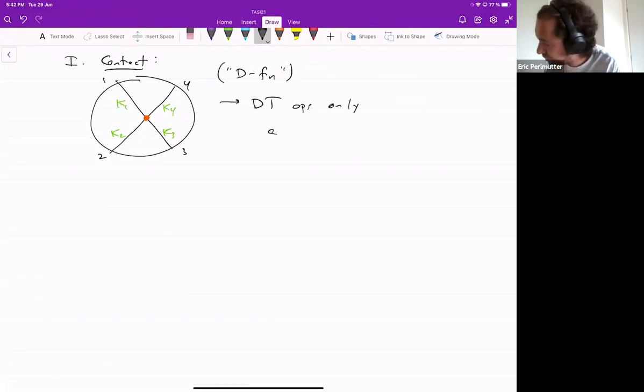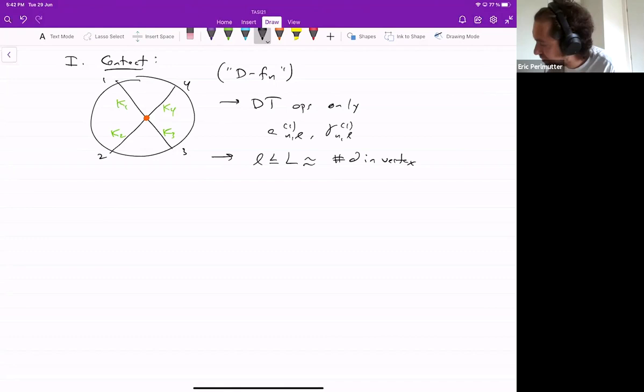So we're getting corrections to these OPE coefficients from before and to these anomalous dimensions. A key point here is that these have support only on spins less than or equal to capital L, where L is, roughly speaking, the number of derivatives in the vertex divided by 2.